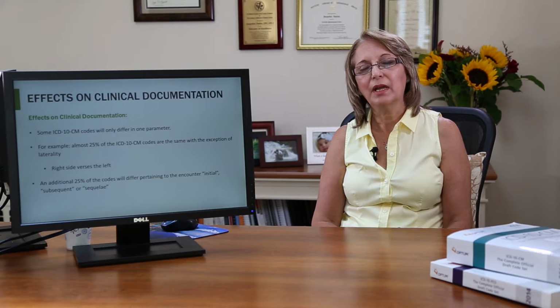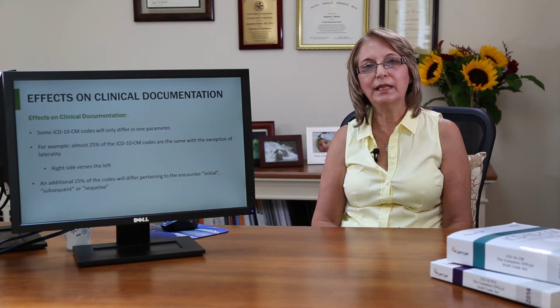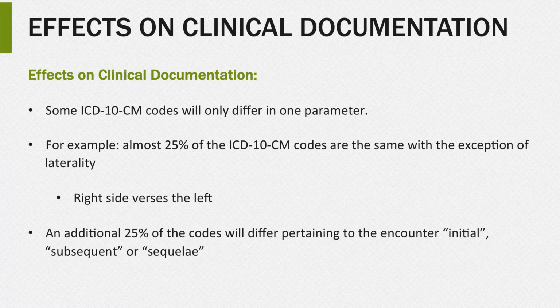For example, 25% of the ICD-10 codes are similar with the exception of laterality. ICD-10 now includes in the descriptor whether the illness or injury is on the left, the right side, or bilateral. In cases where there is no bilateral code, you would need to report both the left and right codes.